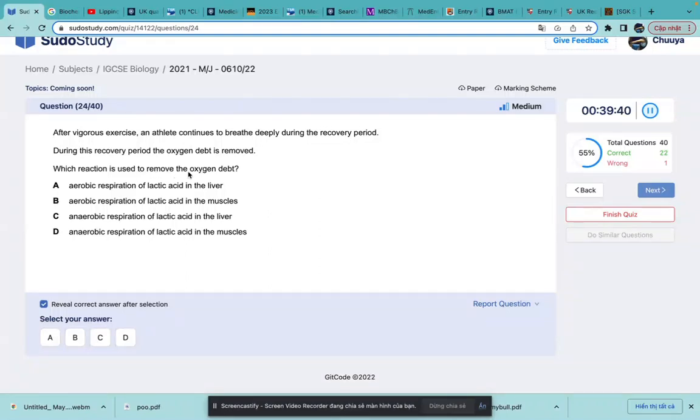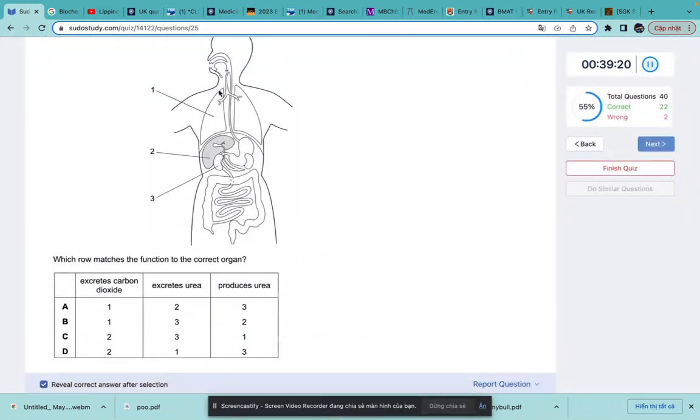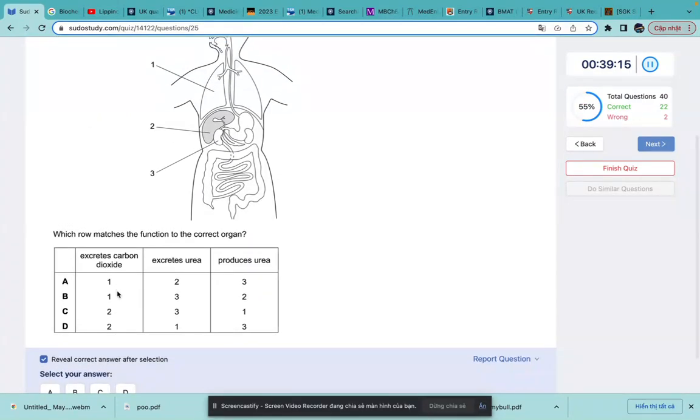Which reaction is used to remove the oxygen debt? So we need the conversion of the lactic acid in the liver, because the liver is where lactic acid is broken down, deaminated. One is lungs, so excretes carbon dioxide.